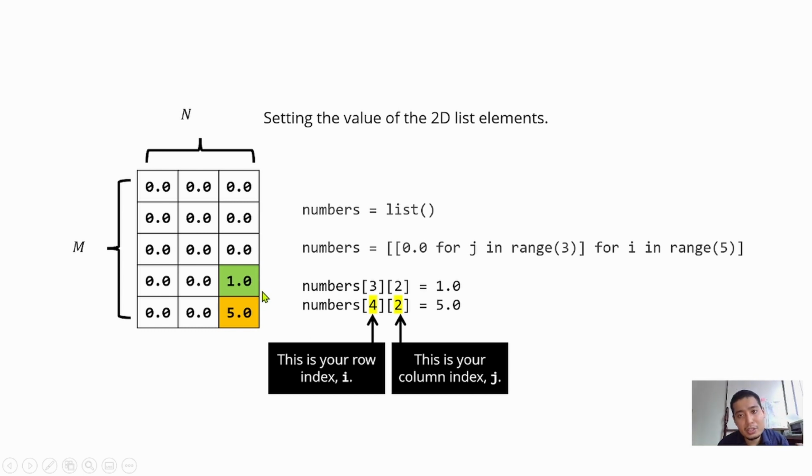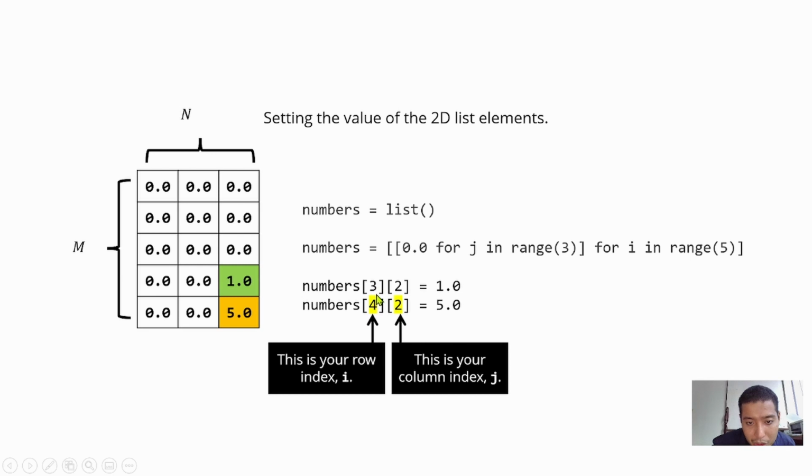And then if you want to specify the value of the elements, this is the two-dimensional list. If you want to access one of the values of a two-dimensional list, then you have to use double brackets here. For example, here we have numbers, and then the double square brackets.